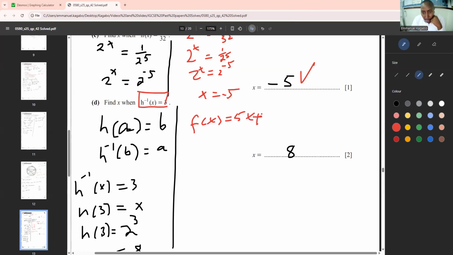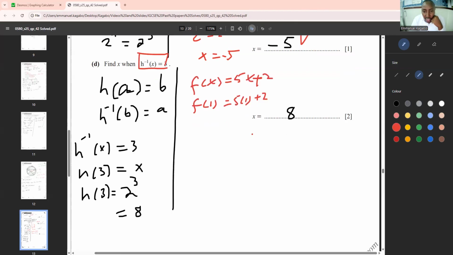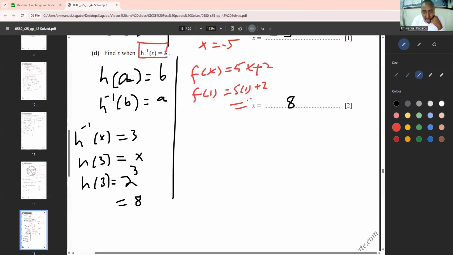I'm just giving my own example. Can we do f of 1? F of 1 will be 5 bracket 1 plus 2. What's the answer, guys? This will be 7. When you find f of 1, you get 7.